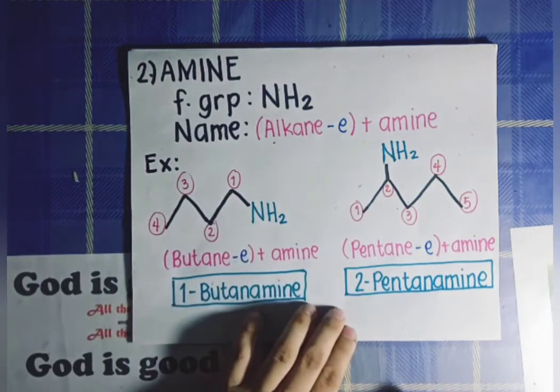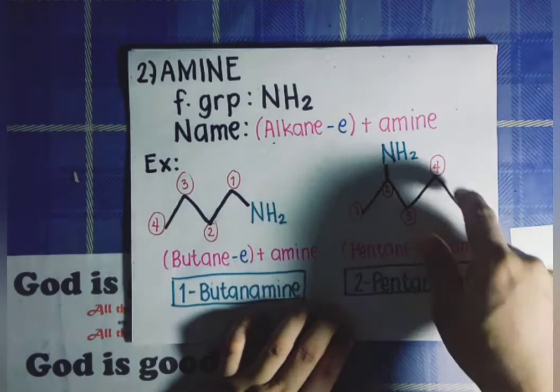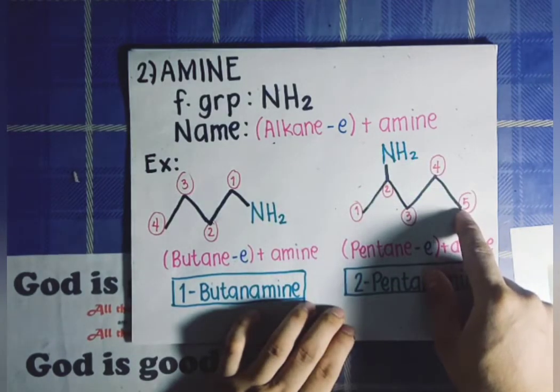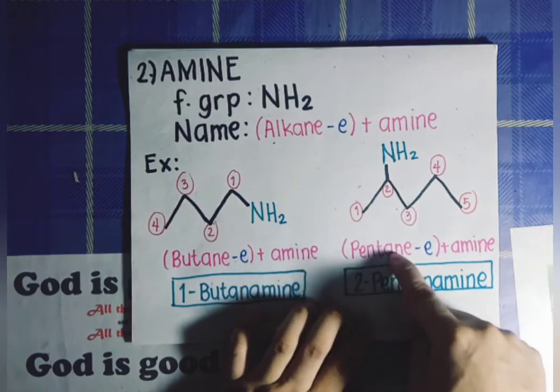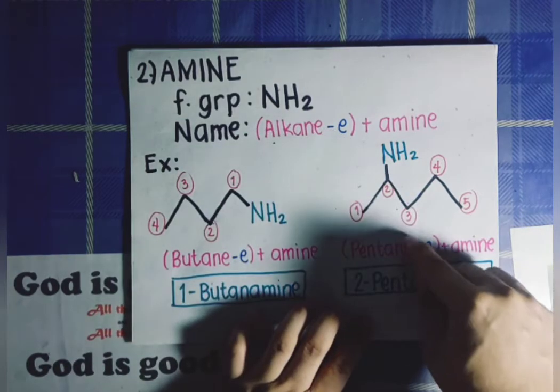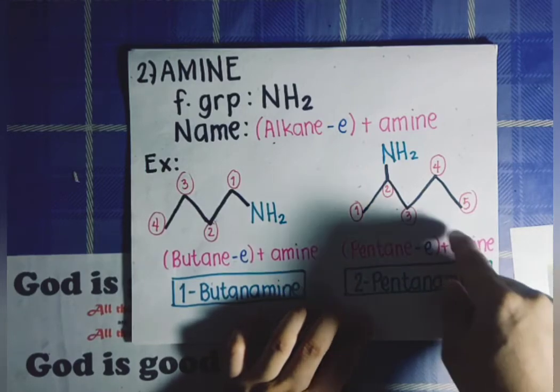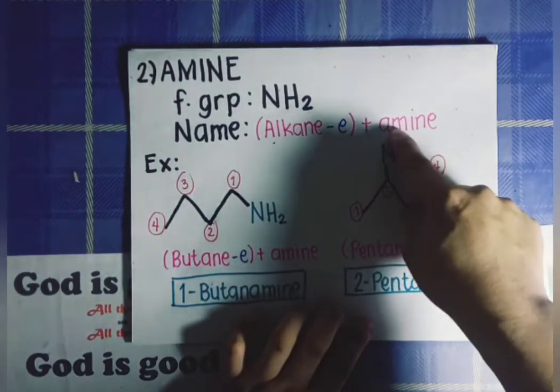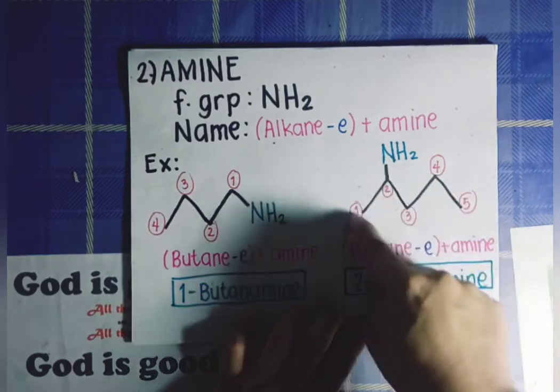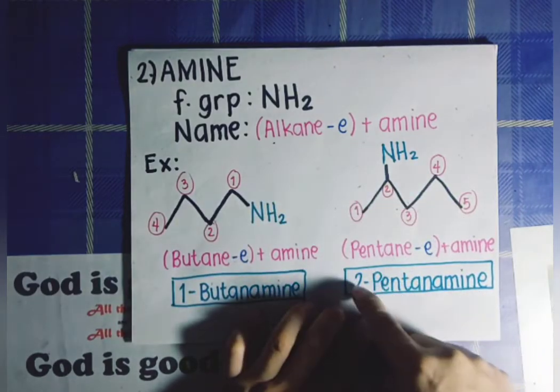Okay, for the next example, we have here 1, 2, 3, 4, 5 carbon atoms. So therefore, our parent chain here is pentane. And then we are going to eliminate the last E, so pentane minus E plus the suffix amine. Our amine group is here, and therefore, the name of this compound is 2-pentanamine. Why 2?